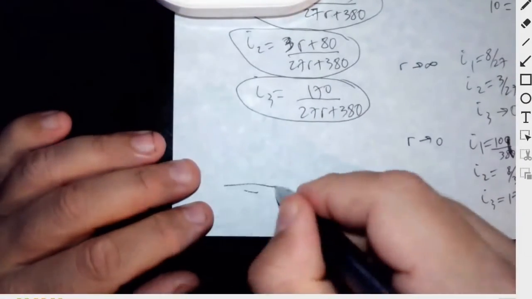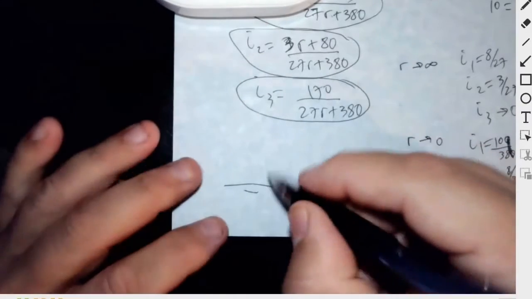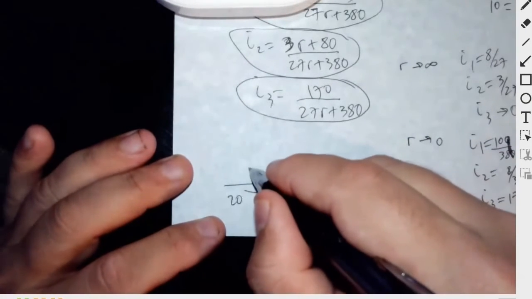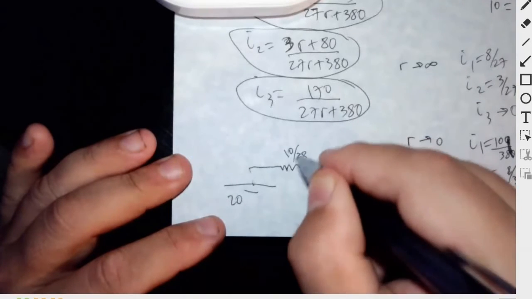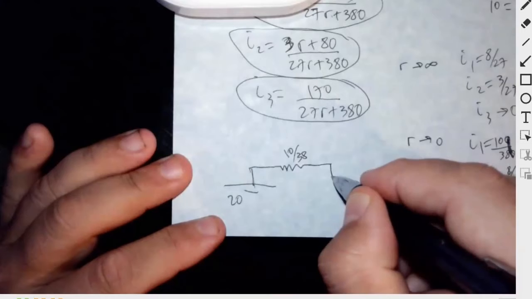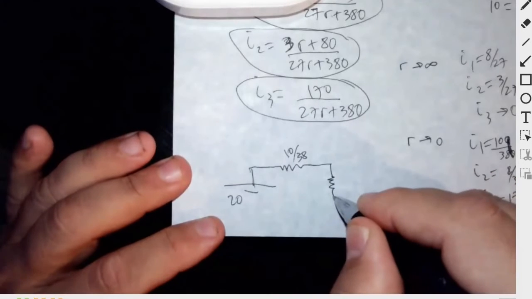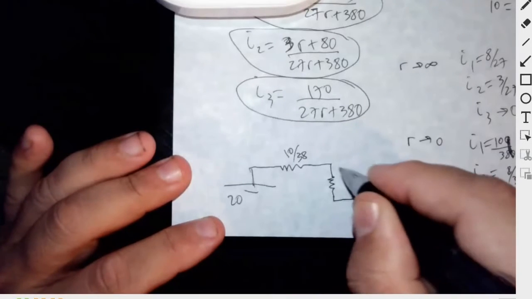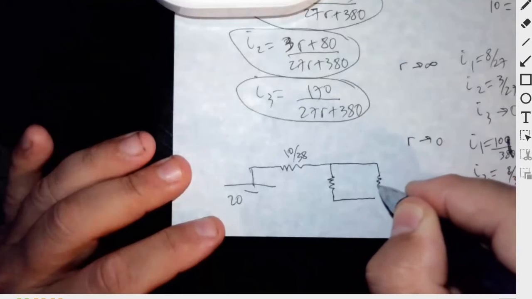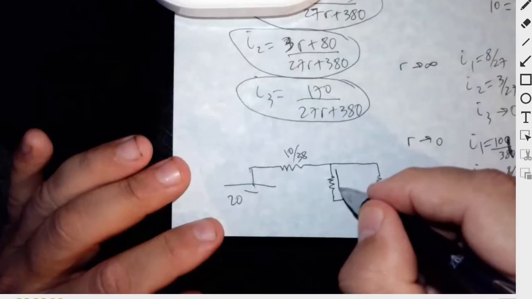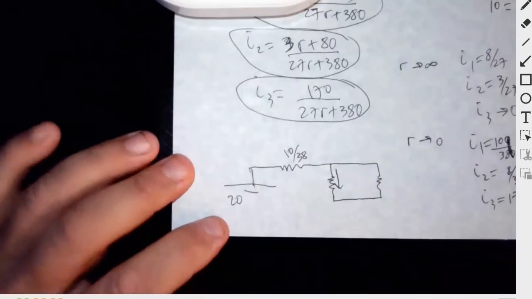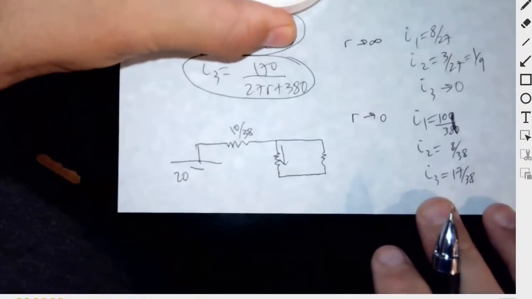So here's the conclusion. Let's just draw it here so we can see. This is 20. So we have here 10 over 38. I'm just writing the currents down now, just so that we can see what's happening.